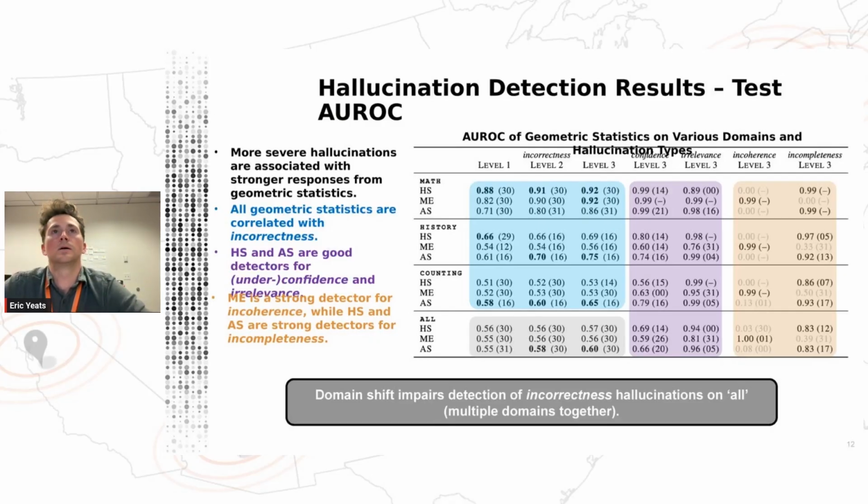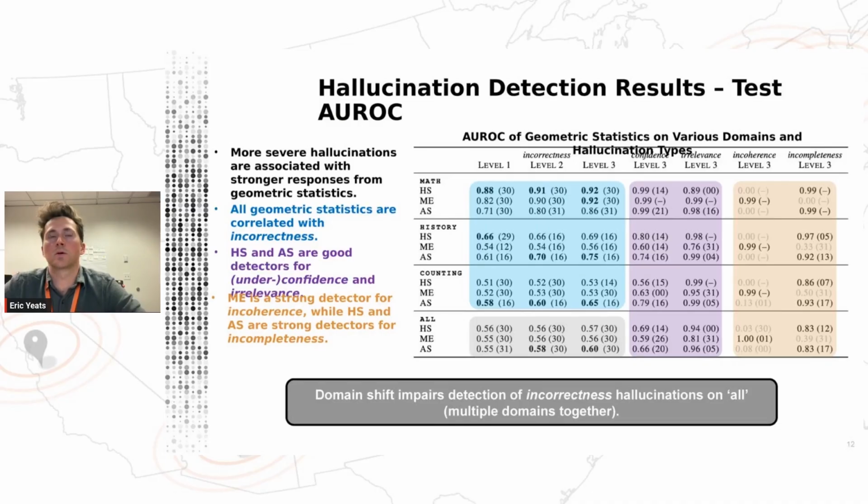So if we focus on this blue area in the chart, then we can see that more severe hallucinations, going from level 1 to level 3, are associated with stronger responses from the geometric statistics. Additionally, for these incorrectness hallucinations, we find that all geometric statistics are correlated with incorrectness.